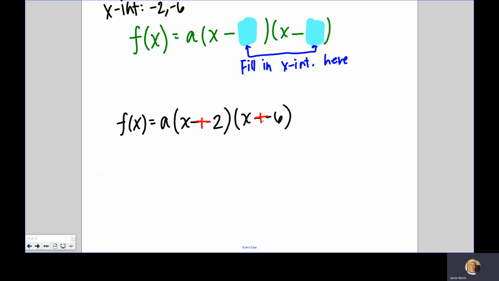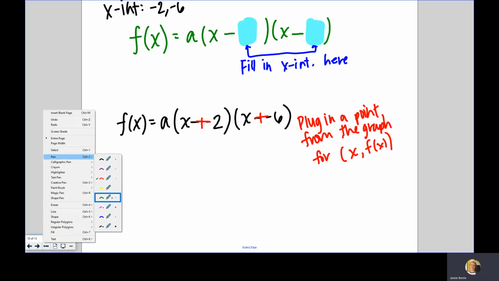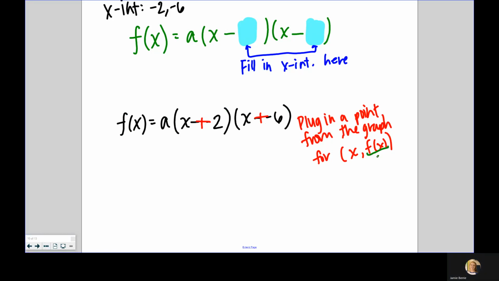So plus, plus. Now what I need to do is plug in a point from the graph for the coordinate pair x, y. Here, y is being replaced by f of x, so if it makes you more comfortable, you could just write f of x here. We know that f of x is the same thing as y.